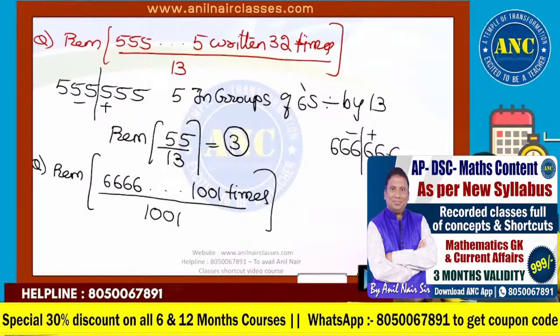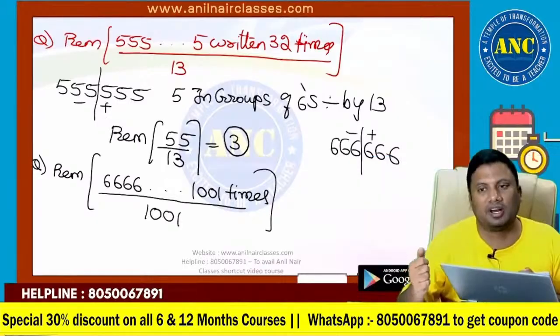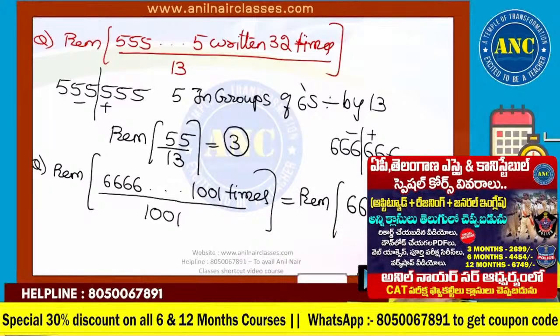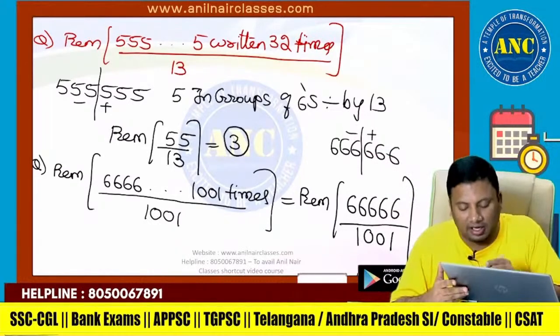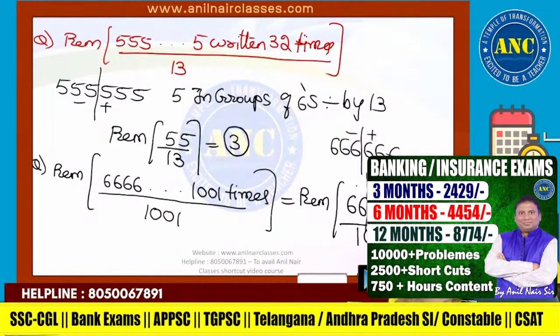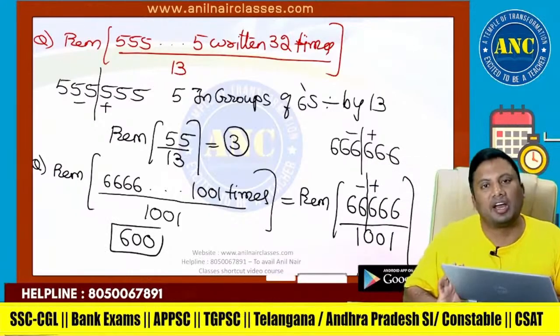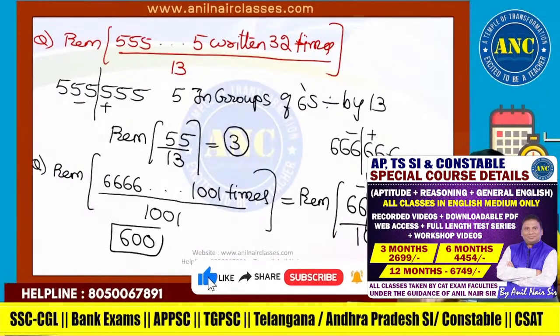What is the multiple of 6 that goes up to 1001? 996. How many 6s are remaining? 5 sixes are remaining, divided by 1001. Take a group of 3 digits, alternately plus and minus: 666 minus 66. What is the answer? 600. I hope the idea is clear.